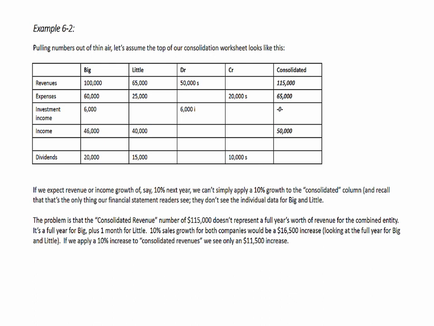So again, these consolidated totals for revenues, expenses, and therefore income really are only marginally useful, if that, for projecting into the future. Again, the problem is that the consolidated revenue number of 115,000 doesn't represent a full year's worth of revenue for the combined entity. It's a full year for Big plus 1 month for Little. So again, those numbers aren't useful for extrapolation.